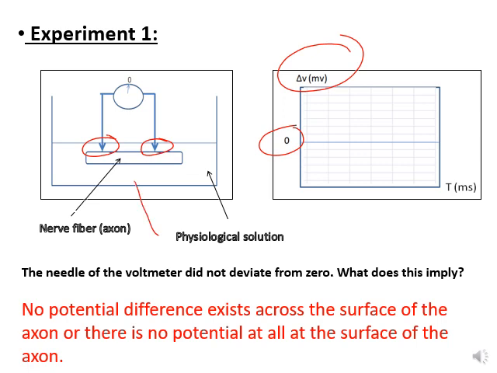The potential difference delta V is equal to 0 millivolt. This indicates that there is no potential difference across the surface of the axon, or you can say there is no potential at all at the surface of the axon.